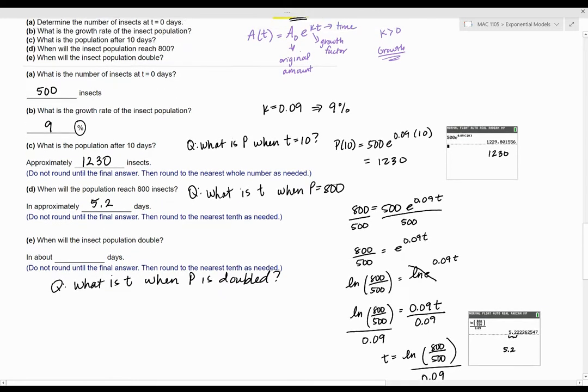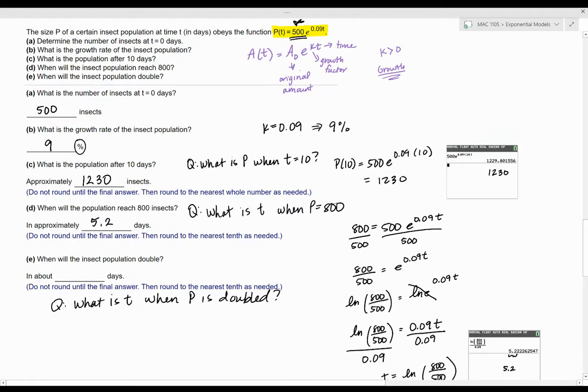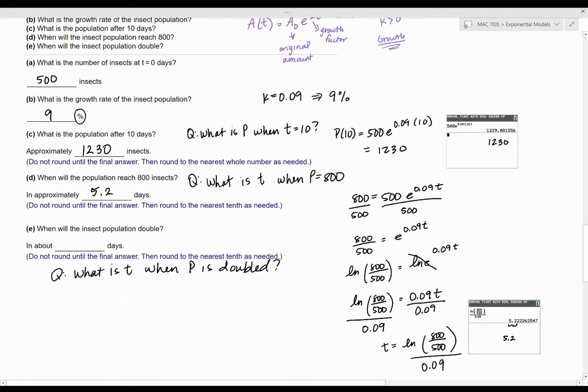We do know that. Remember, we started out with 500 insects. That was our original amount. So if we were to double 500, doubling 500 equals 1,000. So really what they're interested in is what is the time when population equals 1,000.